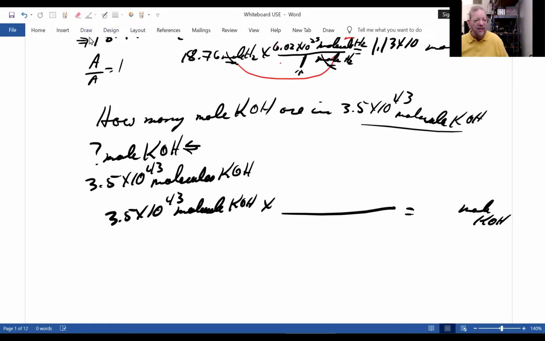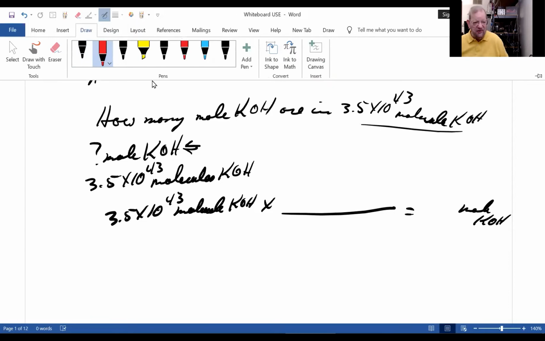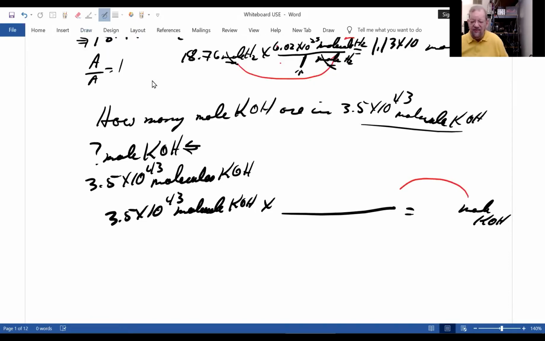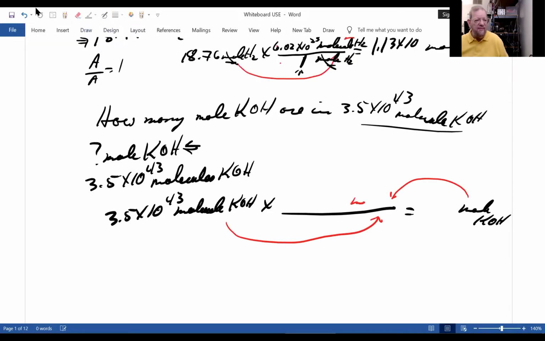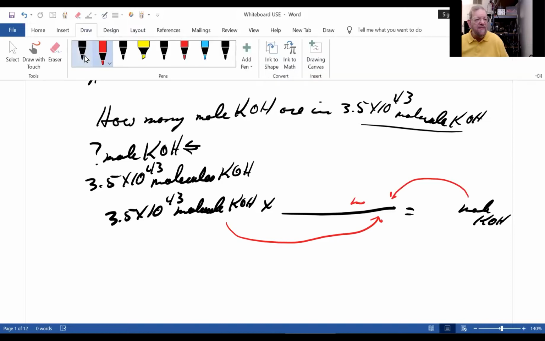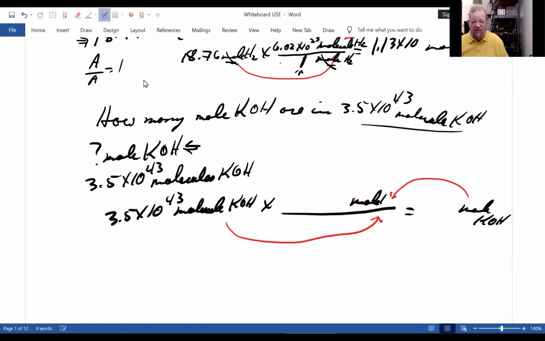And now it's time to really use your good friend, unit analysis. Whatever you're trying to get to, the units go on top of the ratio. Whatever you're trying to get rid of, go underneath. And this is moles of KOH on top, molecules of KOH underneath.